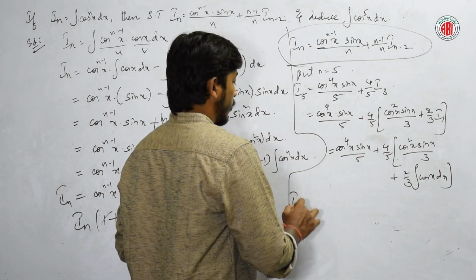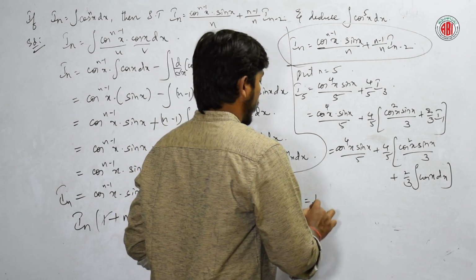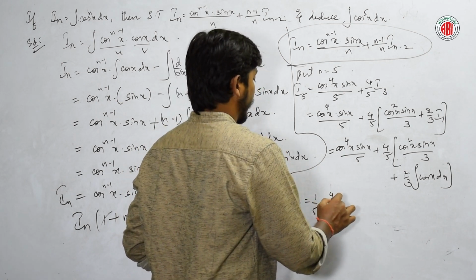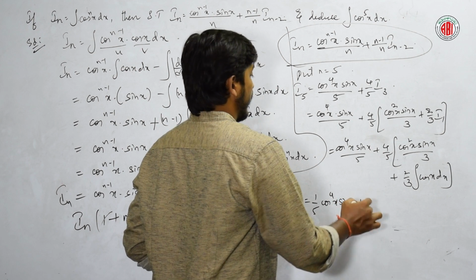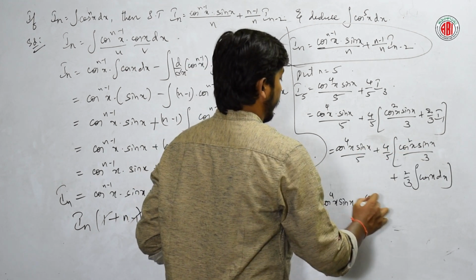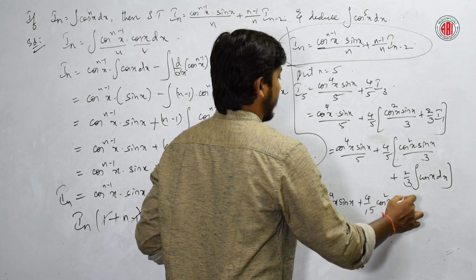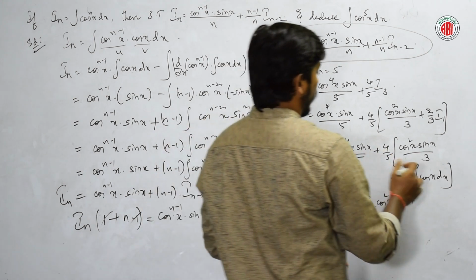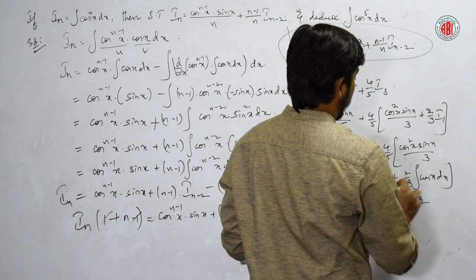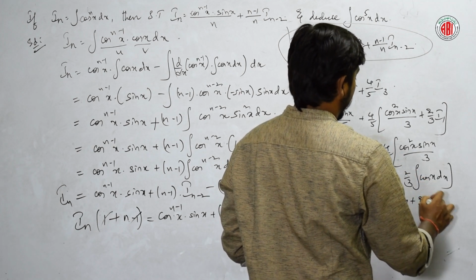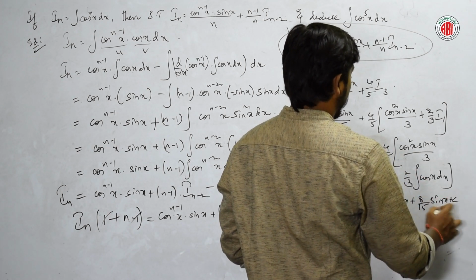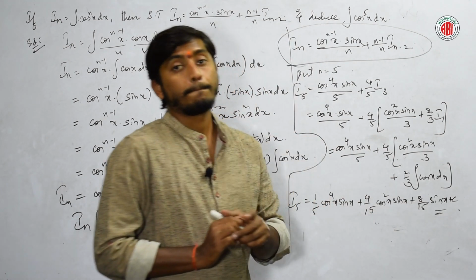Right? So let me write all the answers now. 1 by 5 cos^4x sin x plus 4 by 15 cos²x sin x plus 4 2s are 8 by 15, and the integration of cos x is sin x plus c. Is that right?